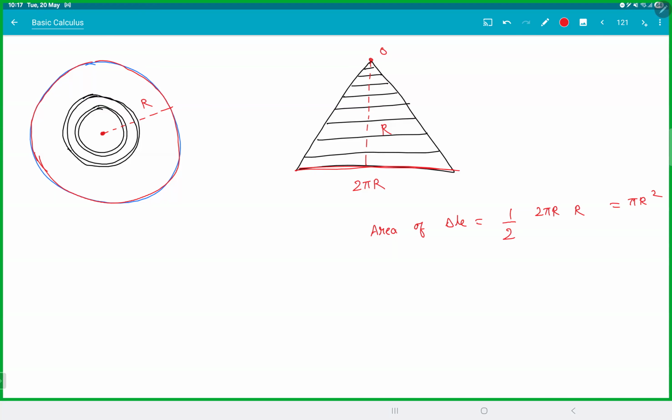Making sense? So if you actually cut a disk into thin rings and place them, you will form a triangle whose base will be the circumference and the height will be the radius. Making sense, everyone? You can do this without even integration also. That's a neat trick to find out.